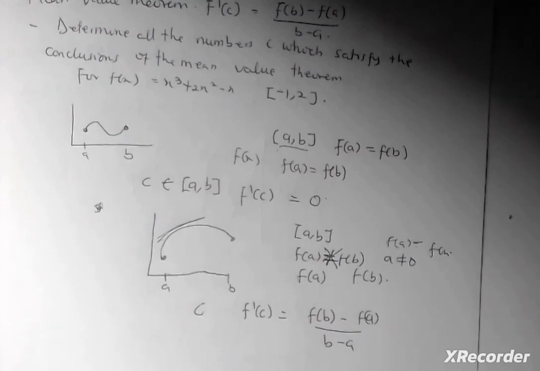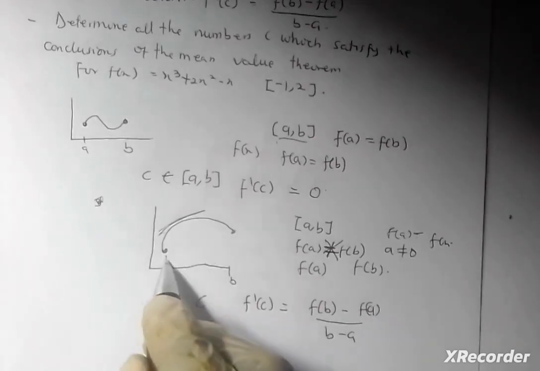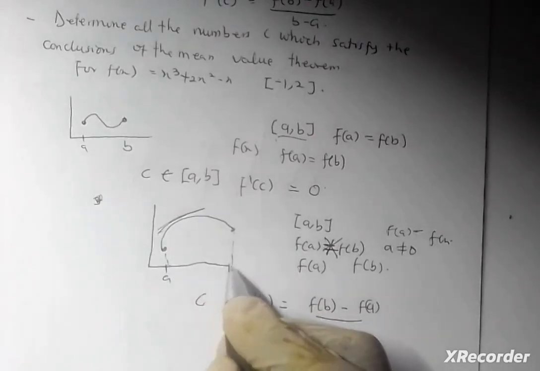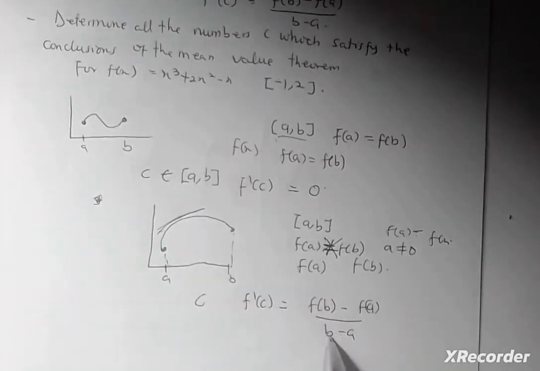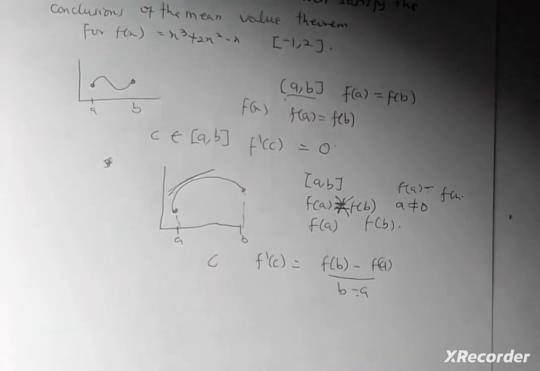So in the mean value theorem, f(b) is different from f(a). If it becomes equal, you get Rolle's theorem. But the a and the b should not be the same, because if they are the same, you will get an undefined expression. Let's take a question so that you see the relevance of these theorems.